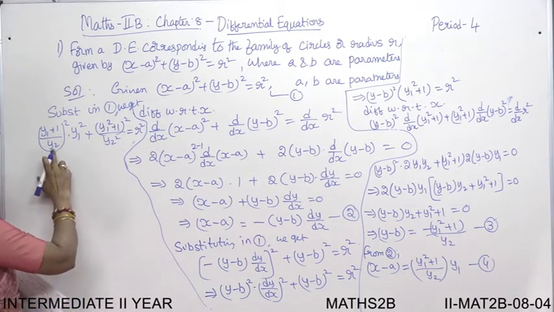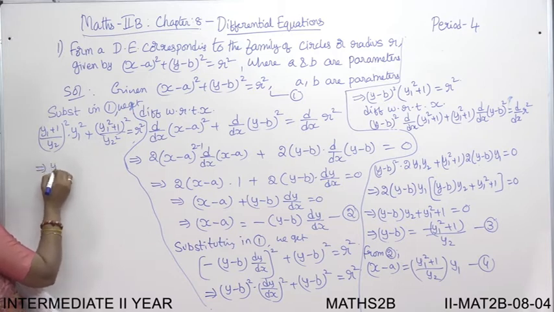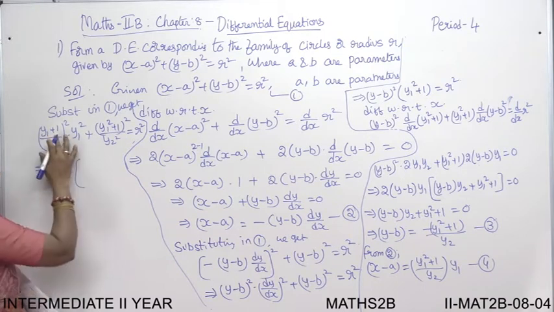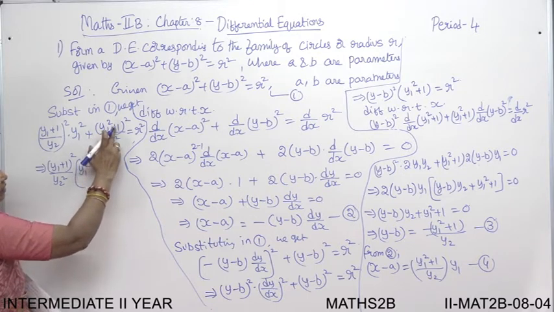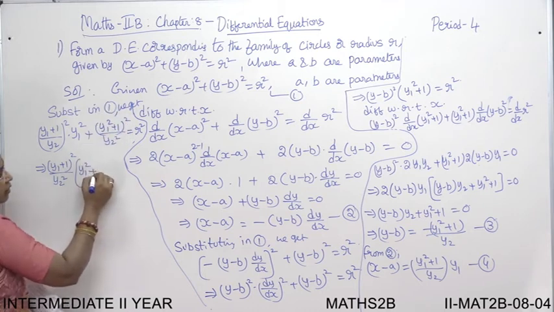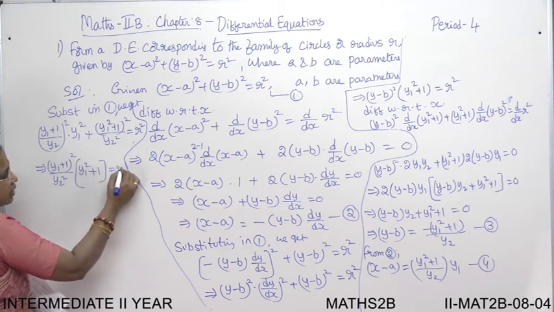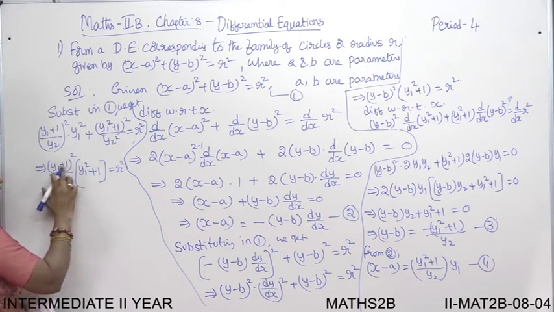Now you can see y2 square is the LCM, the denominator is the same. So I'll have (y1 square plus 1) whole square by y2 square. If you take common, then it is y1 square, here y1 square, and here (y1 square plus 1) whole square by y2 square you have taken common. So only 1 is left, is equal to r square. So now it is again the same thing, 1 plus y1 square only.